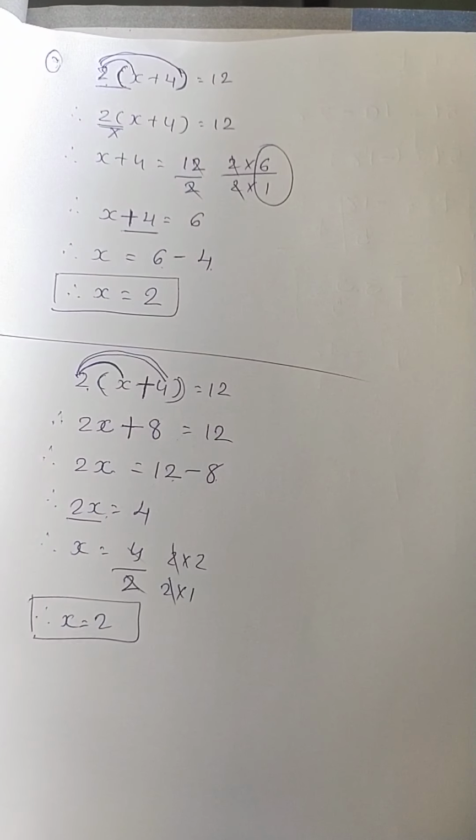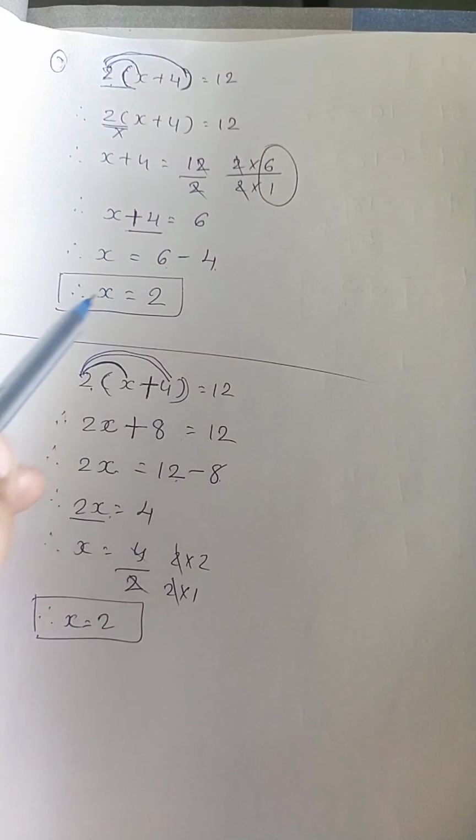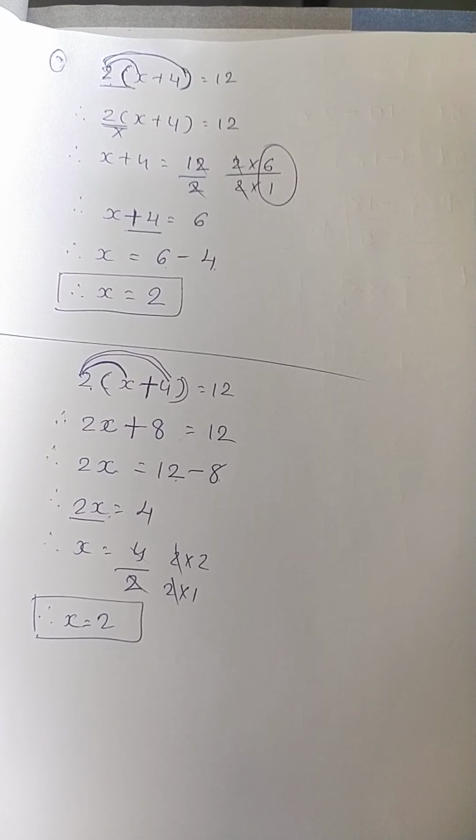Any method you can follow, but what I want is proper method, step by step. Write therefore under therefore, equal under equal, this way. See students, I am standing and writing, so my handwriting is not proper and I have no support, so it's a little tough for me to write this way, but you try to write best in your notebook.